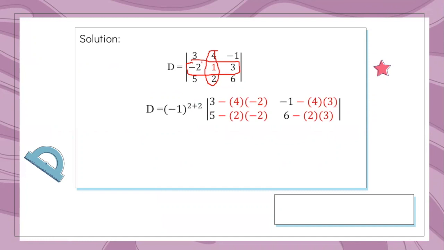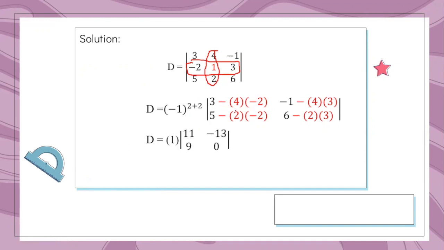Then in step 3, we subtract each remaining entry by the product of the elements it intersects with. So, 3 minus 4 times negative 2, because the 3 intersects with the column of 4 and the row of negative 2. So, after that, negative 1 raised to 2 plus 2 is positive 1.